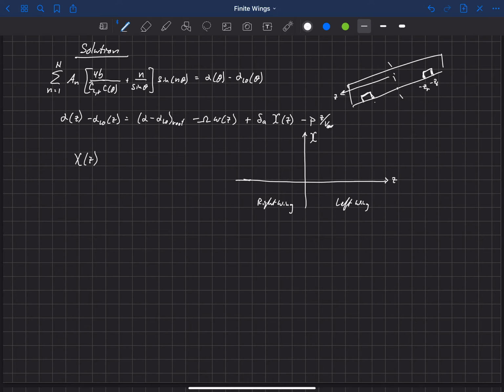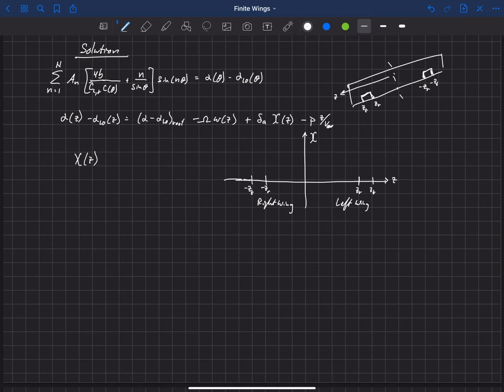So this would be positive Z root and Z tip, and those would be negative Z root and Z tip on the right wing. Okay, so let's put these on this plot down here. On our left wing, we've got Z root and Z tip, and on our right wing, we've got Z root negative and negative Z tip. So that should be symmetric. It's not quite, but you get the picture.